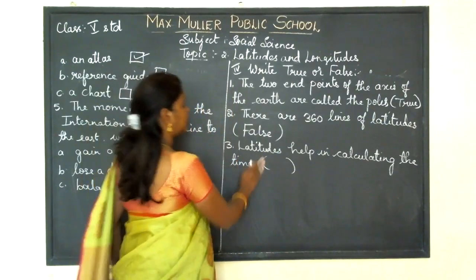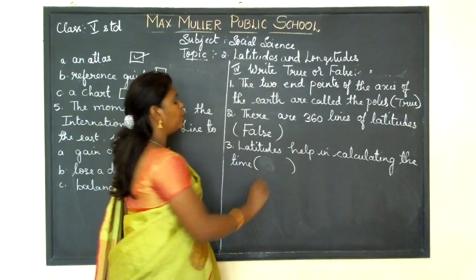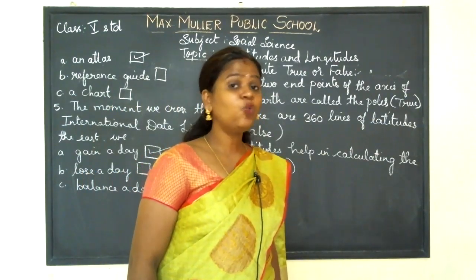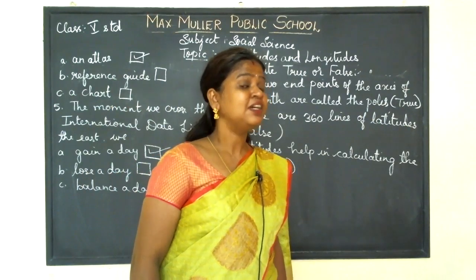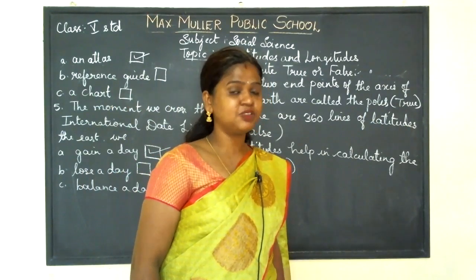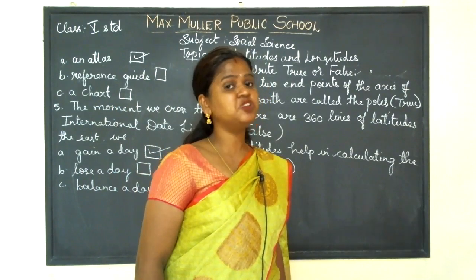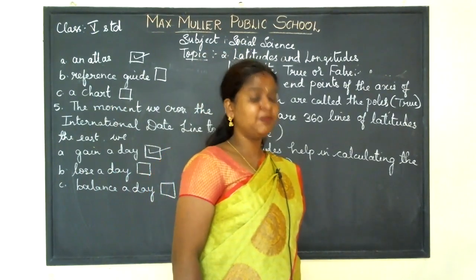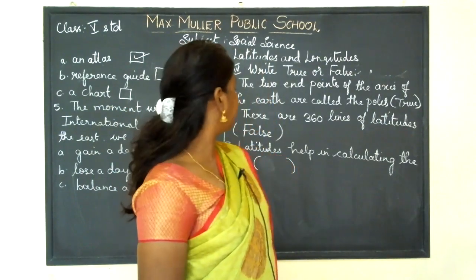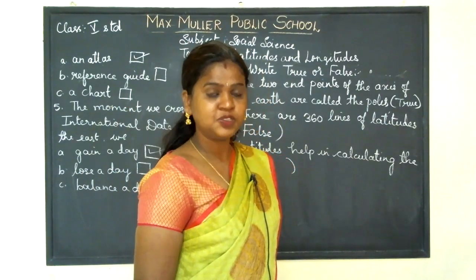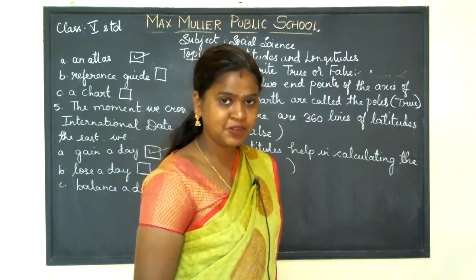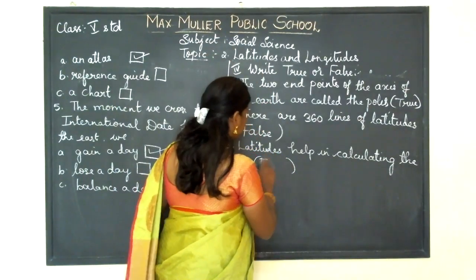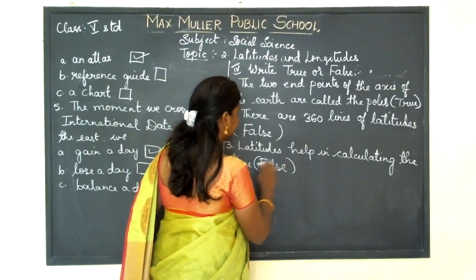Children, do the latitudes help in calculating the time? No. Which helps in calculating the time? That is the longitude or the meridian, which is known as the international date line. Here the international date line helps to calculate the time. So this is a wrong statement. When it is a wrong statement, the answer will be false.